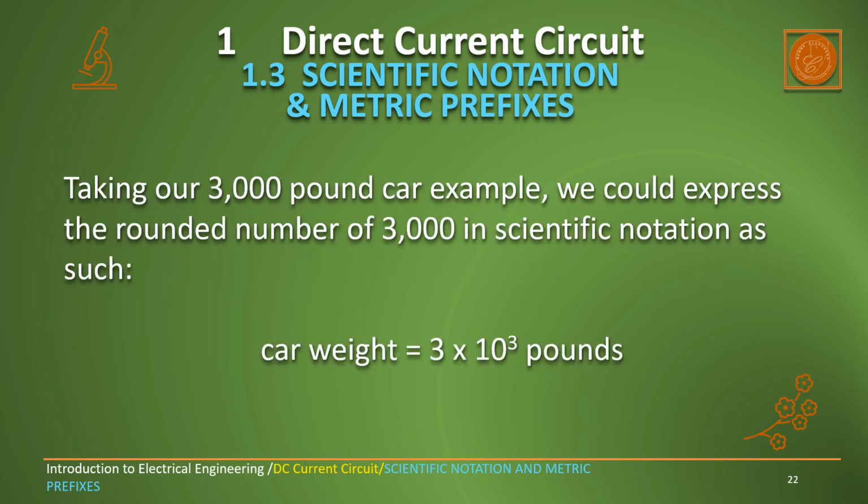Taking our 3,000 pound car example, we could express the rounded number of 3,000 in scientific notation as such. Car weight equals 3 times 10 power 3 pounds.